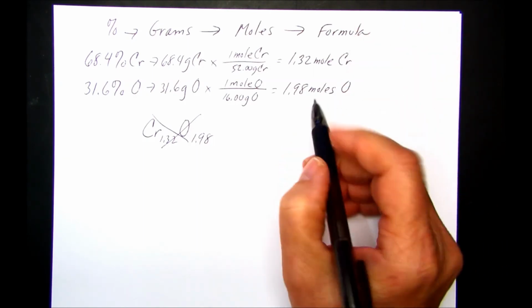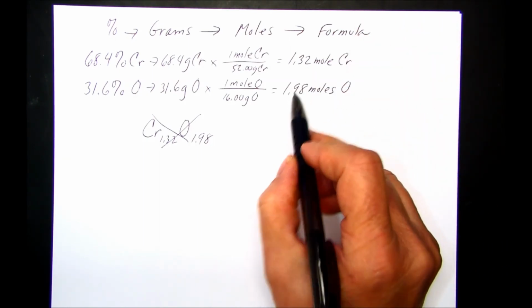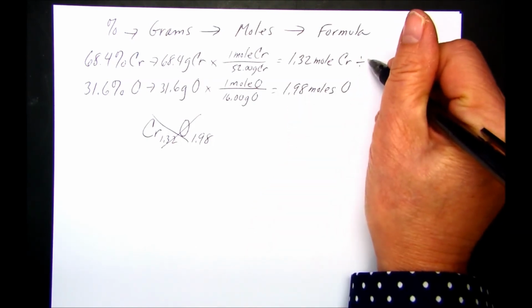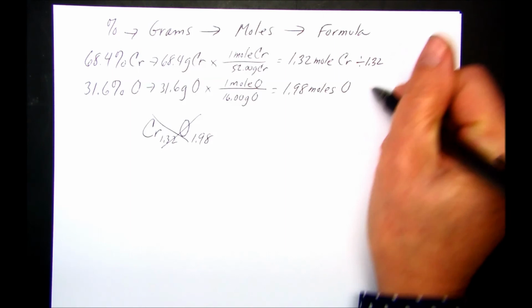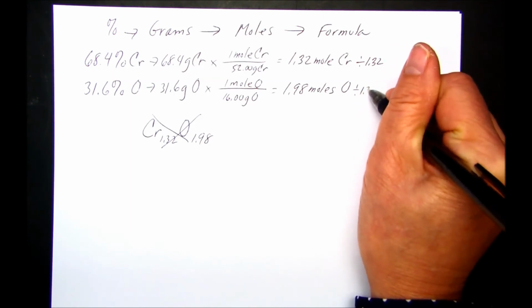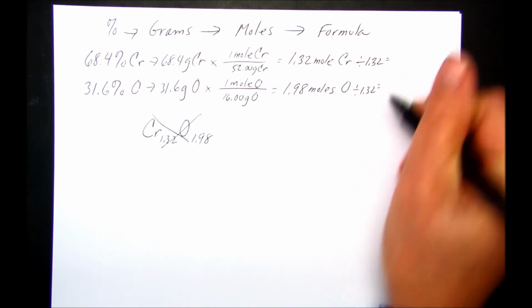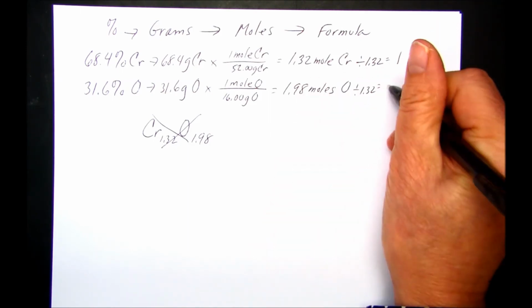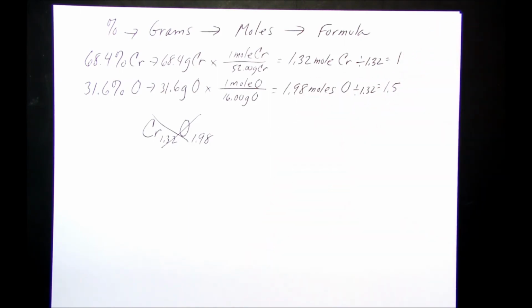The way you do that is you take the smaller number and then you divide all the numbers by that smallest number. So if we divide each of these by 1.32, of course we get 1 here, and we'll get 1.5 here.